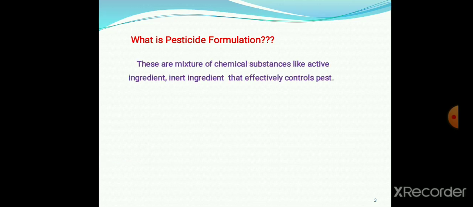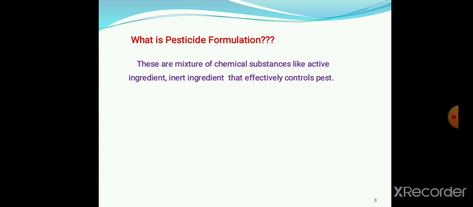What is pesticide formulation? These are mixtures of chemical substances, like active ingredient and inert ingredient, which effectively control the pest. What is meant by active ingredient? A pesticide consists of two main parts. First is the active ingredient, second is the inert ingredient.